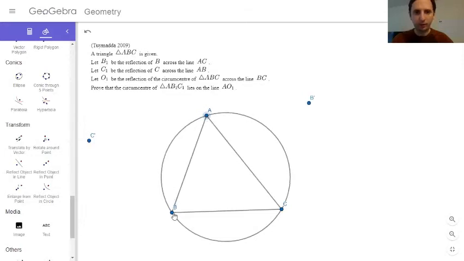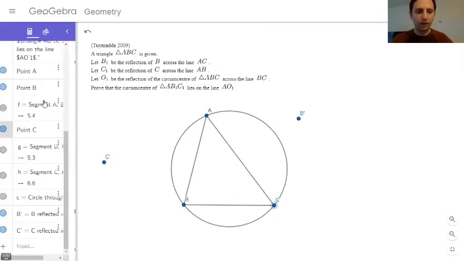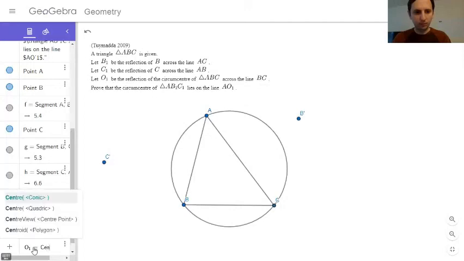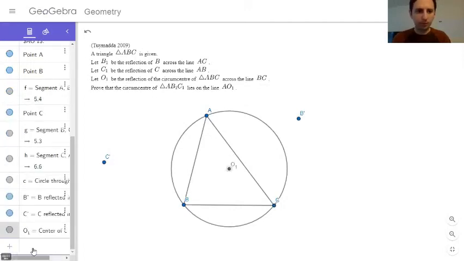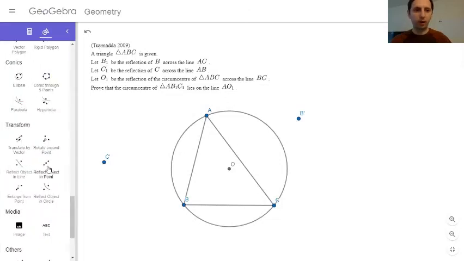And O1 is a reflection of the circumcenter of ABC across BC. Or I'll call that O. O1 is the reflection. Instead of 1, I'm just going to do it prime. Okay, so, whoops.